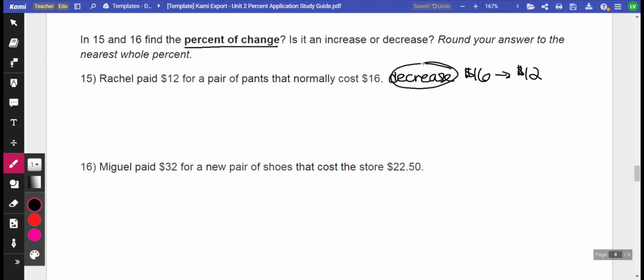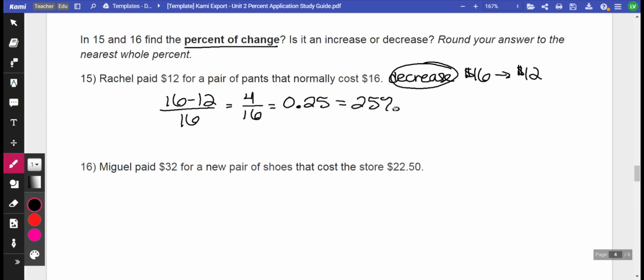So that's less. So 16 minus 12 divided by the original price of 16. Well, that gives me 4 divided by 16. 4 divided by 16 is 25 hundredths, which is 25%. So this is a 25% decrease.